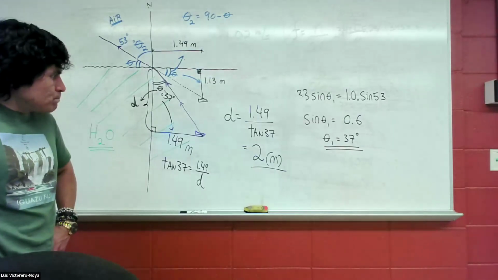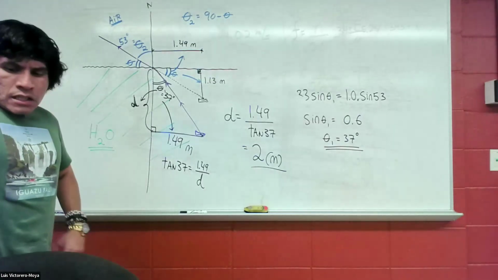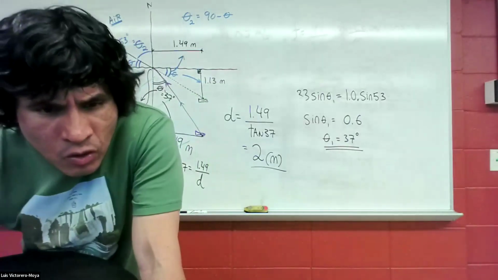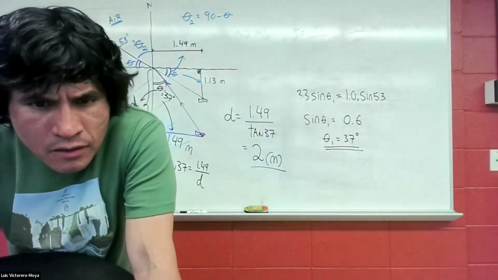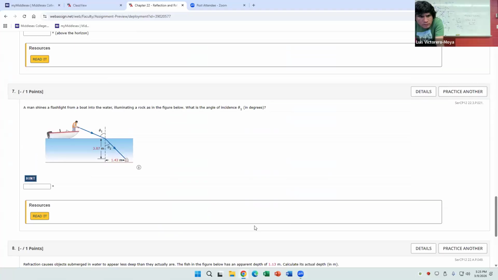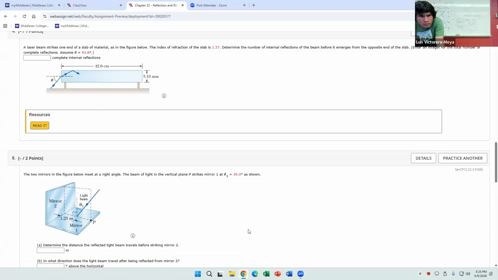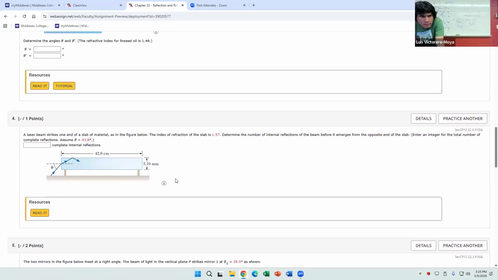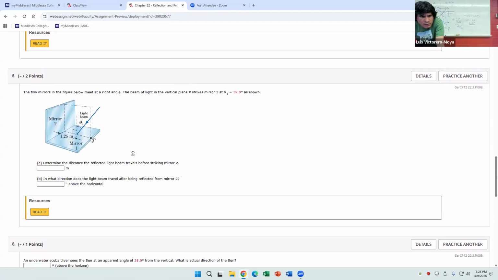All right. There are a couple of problems in Cengage. I'm just going to go over them so you guys can see it. We did this too. How would you do this? This is a reflection. We don't do refraction a lot.